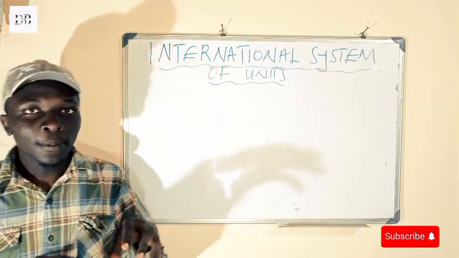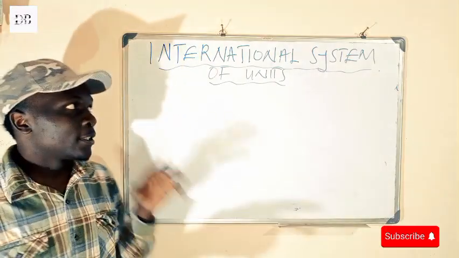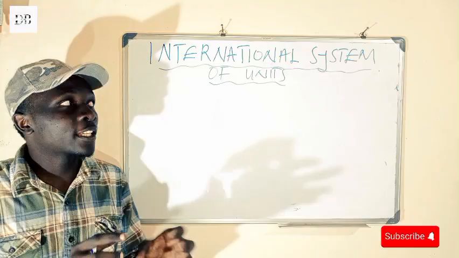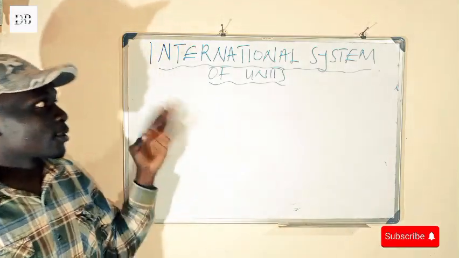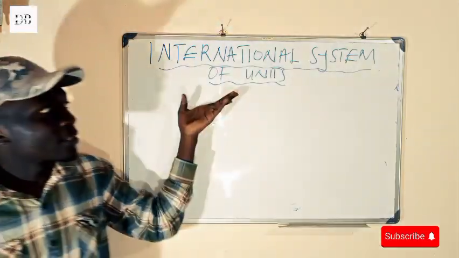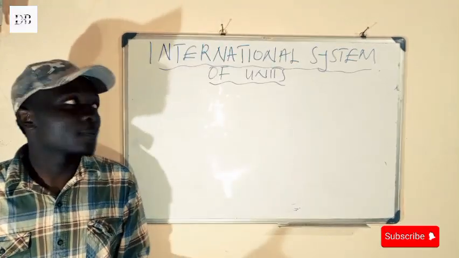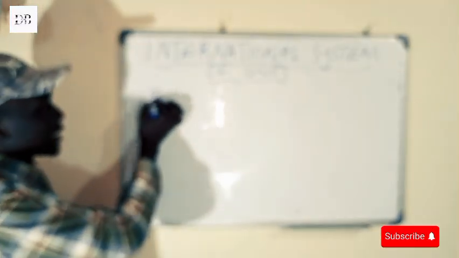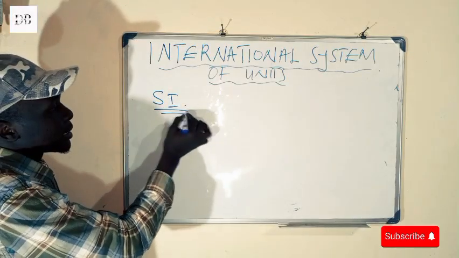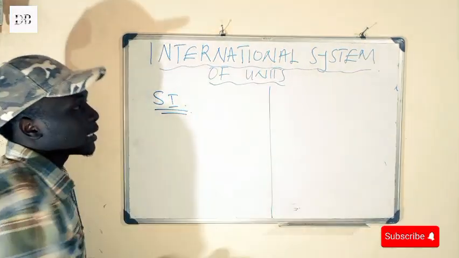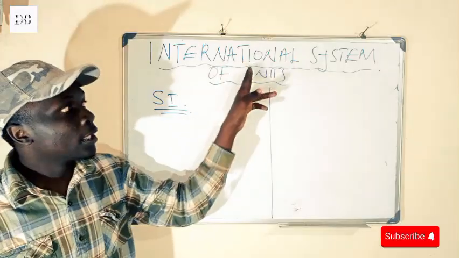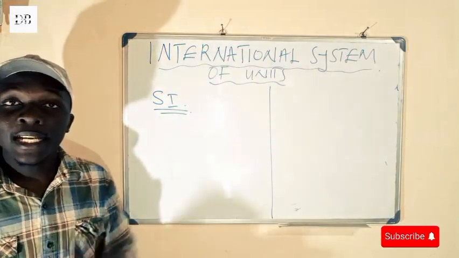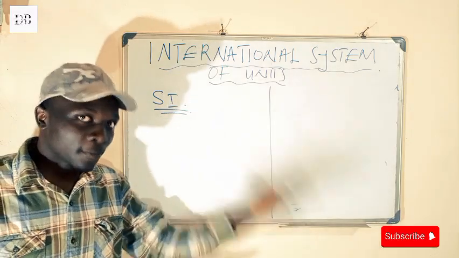So that brought about a lot of confusion, and we needed one system of measurements that would work throughout the world. And so the International System of Units was introduced. The International System of Units, represented as SI unit, just talks about the international units that are accepted in all parts of the world as standard units of measurement.